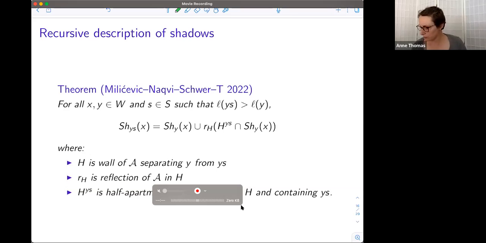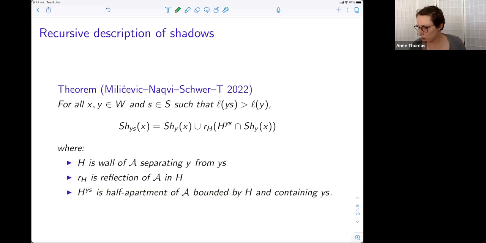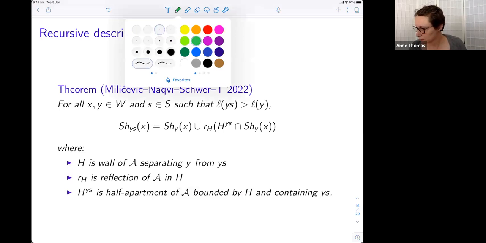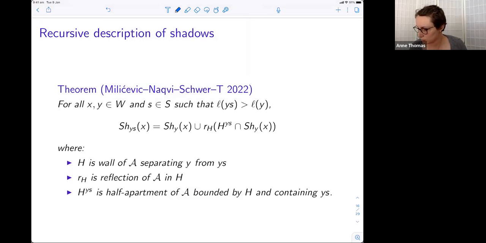Okay, so yeah, we can see this now. So we have a chimney psi.